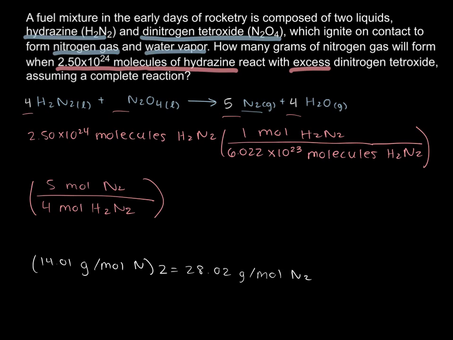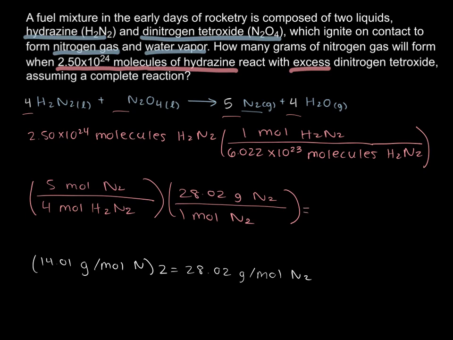Okay, now we can go back to our original dimensional analysis and we can create another conversion factor. And since we want everything to cancel out, we'll have moles on the bottom and 28.02 grams of nitrogen gas on the top.